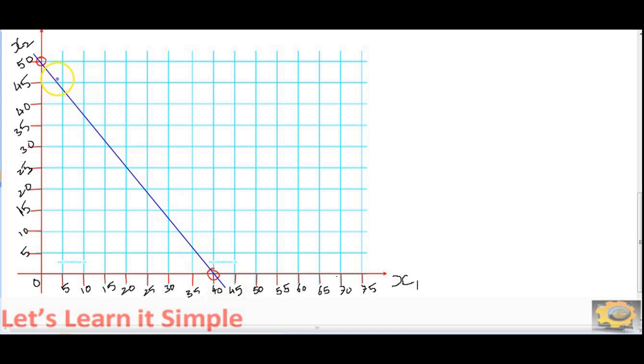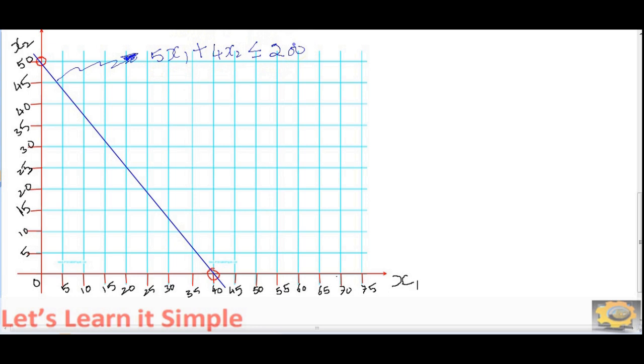So, this is the first constraint. First constraint says that 5x1 plus 4x2 less than or equal to 200.